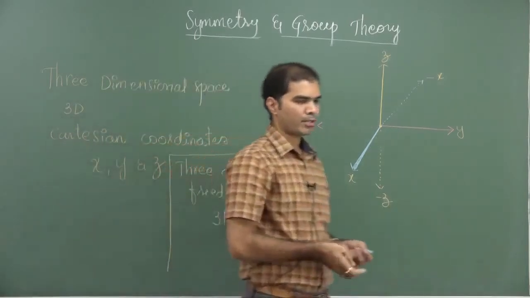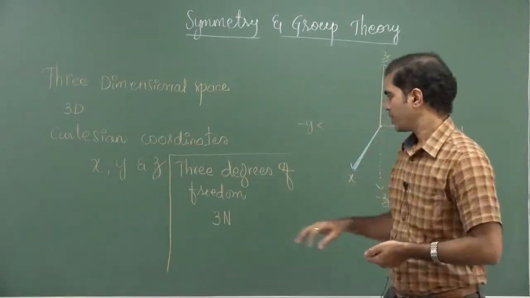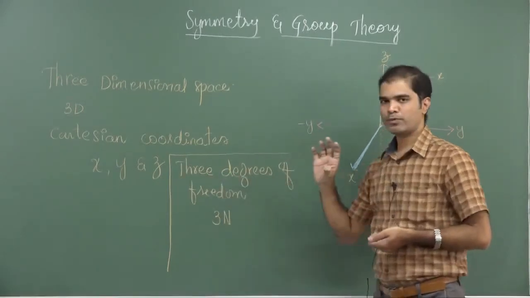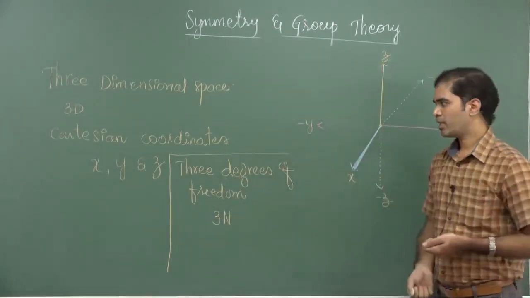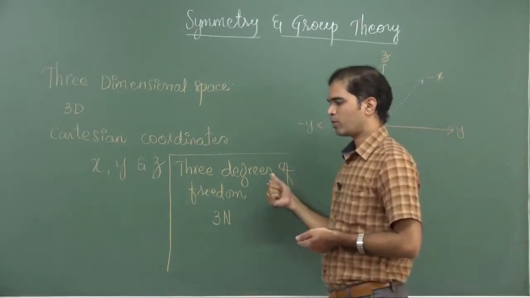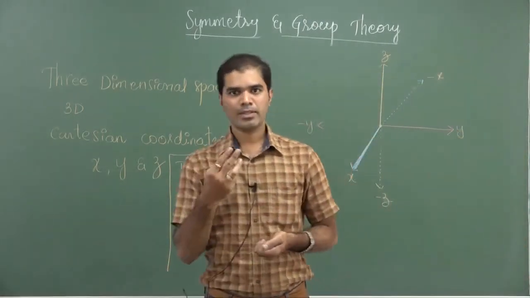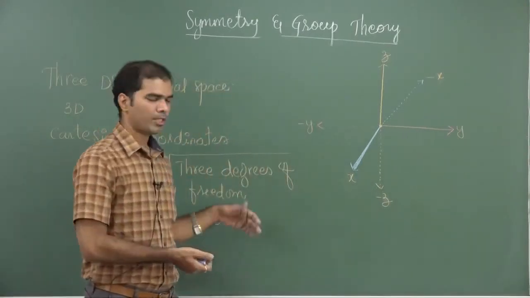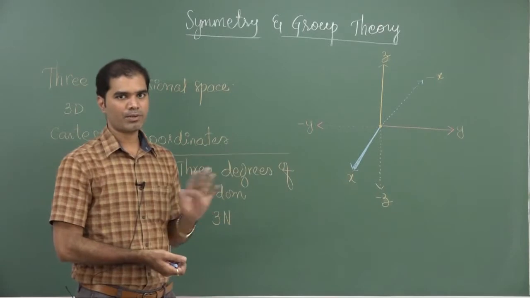From your infrared spectroscopy basics, you might know it is defined by 3n. So whatever molecule we choose has 3n degrees of freedom, and what are these? These are 3 into n. So that could be translation, rotational, vibrational, all those things.